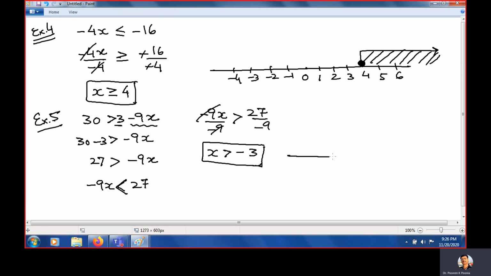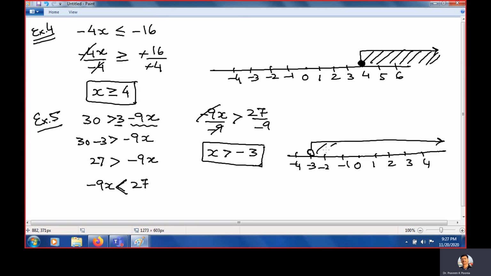So x is greater than minus 3. On the number line, 0, 1, 2, 3, 4, minus 1, minus 2, minus 3, minus 4. Okay, minus 3, and it will be an open dot because it is only greater than, and this side. Okay, so this is example number 5.